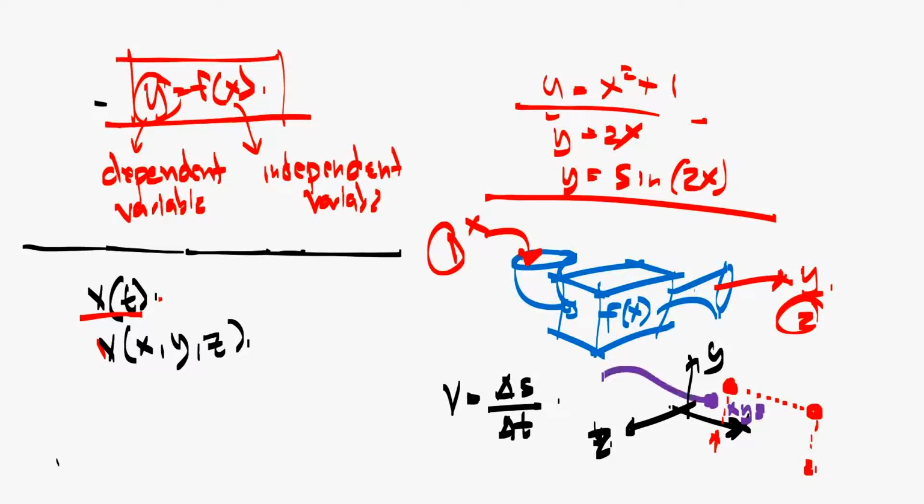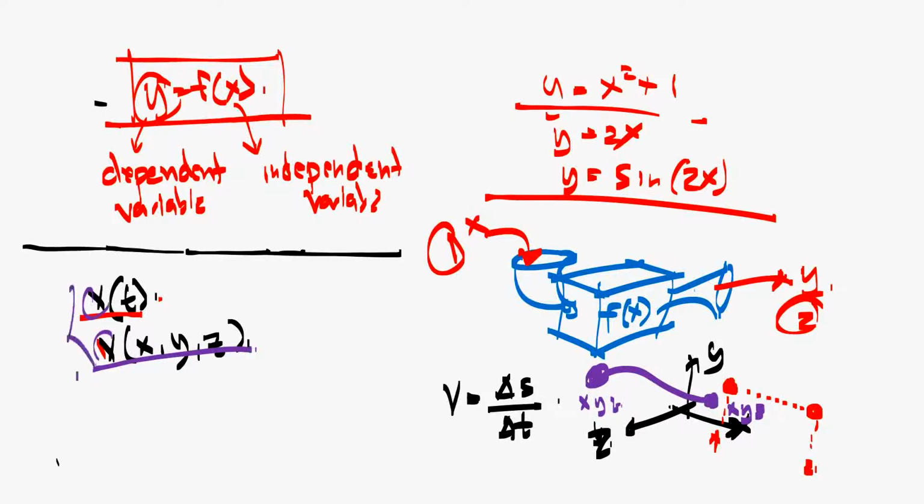Then after some time, it changes to this position, another value of x, y, z. If that is what we want to describe, then velocity can vary in x, in y, and in z.